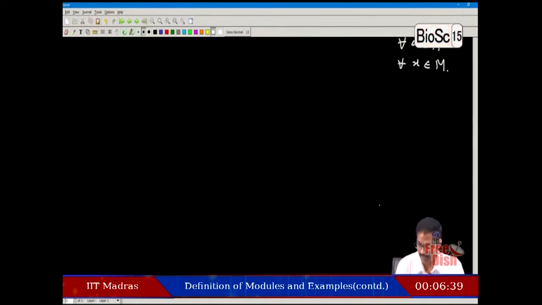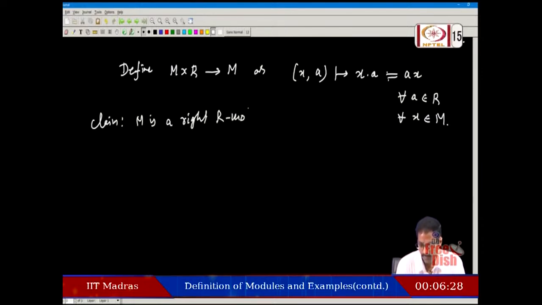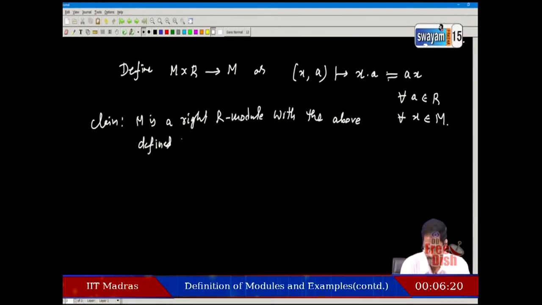Now our claim is that M is a right R module with the above defined map.